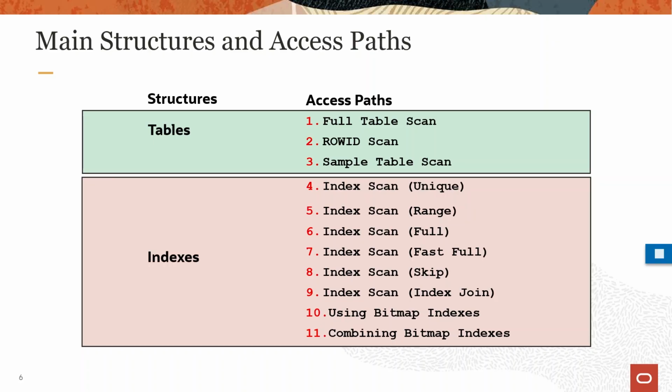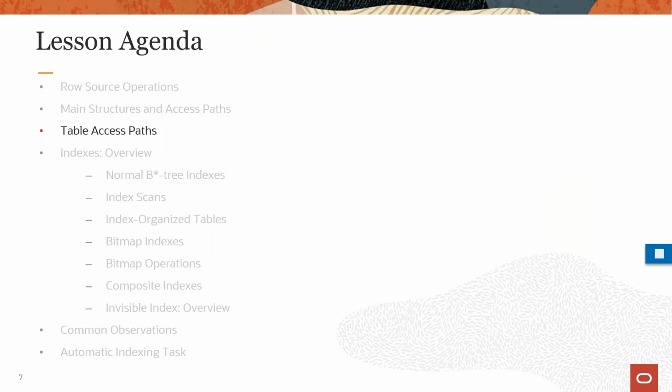All of the access paths that are mentioned in the slides are explained in much more detail in the subsequent slides of this chapter. The next topic of this chapter will discuss the table access path.